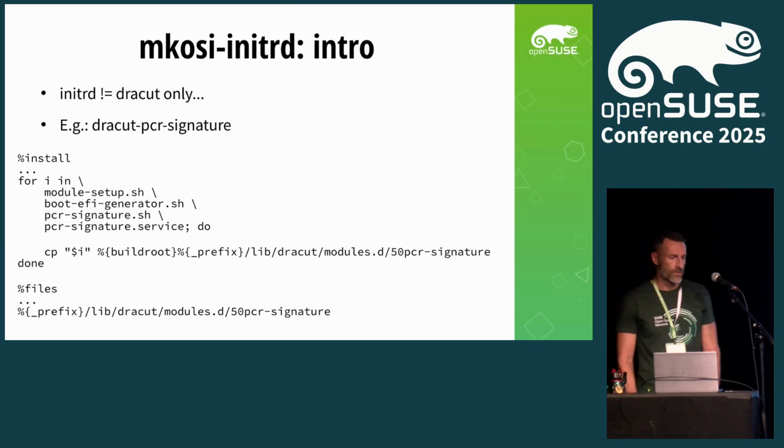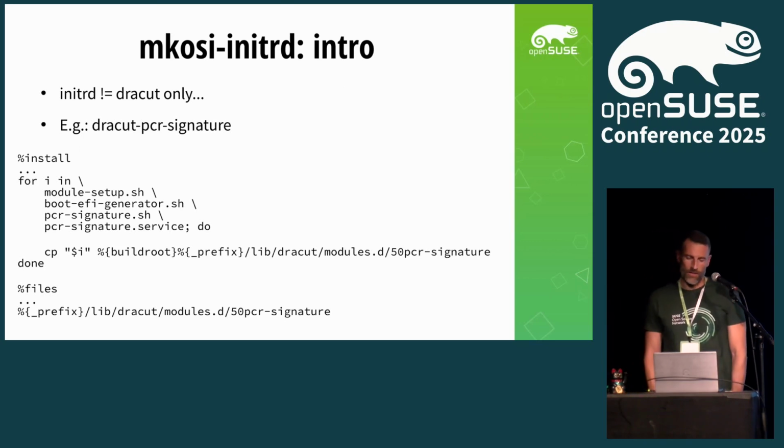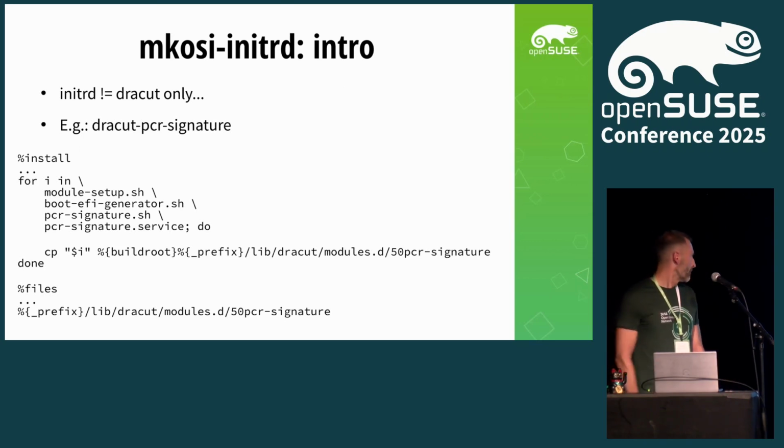Another example: how to translate an existing dracut module into something more abstract that can be executed via mkosi-initrd. I chose dracut pcr-signature. This is an excerpt of the spec file.